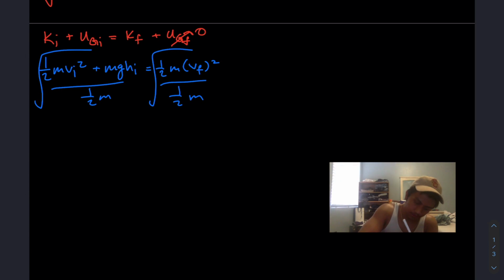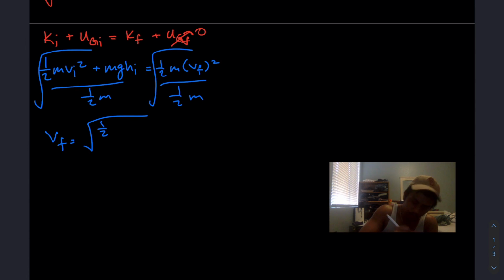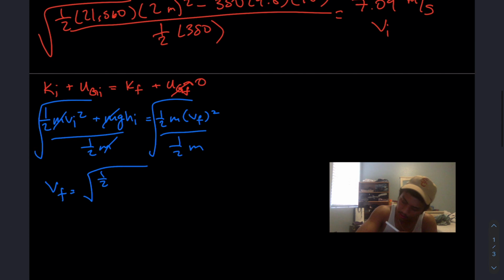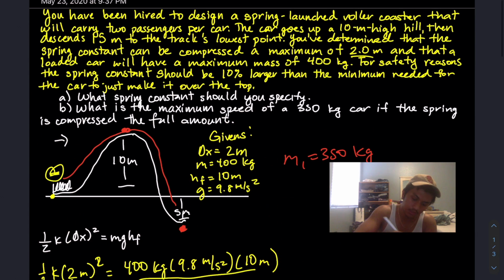So your v final is going to be, oh, and here the m's cancel. So you have 1/2 times the v initial, which was 7.09 squared, plus gravity, which is 9.8, times the height. Now it's going to be the full system, so the height is going to be from here to here, so it's going to be 15 meters.